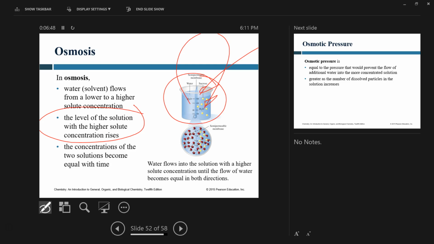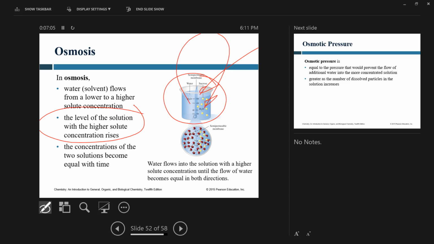Yes, pressure becomes higher. The higher level of fluid, any fluid, you can take water, solution, gas, doesn't matter, the higher level of the fluid physically will exert more pressure.